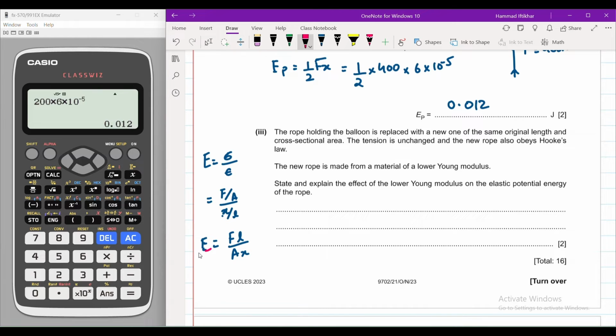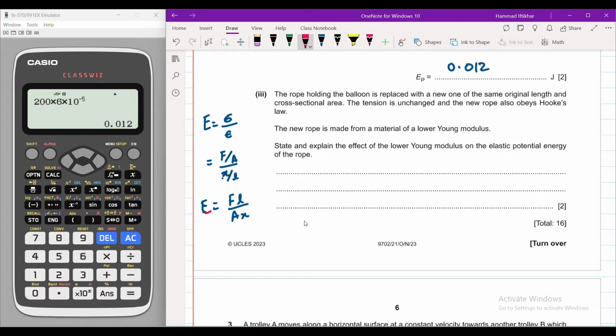If we compare between the old and the new, the force is the same, the tension is the same, so this cancels out.